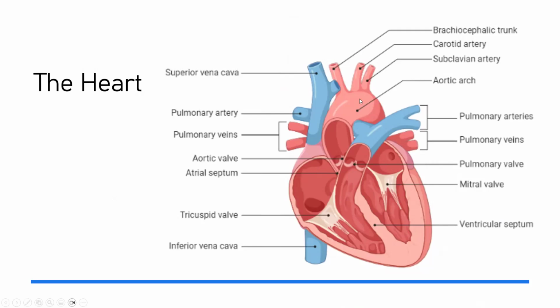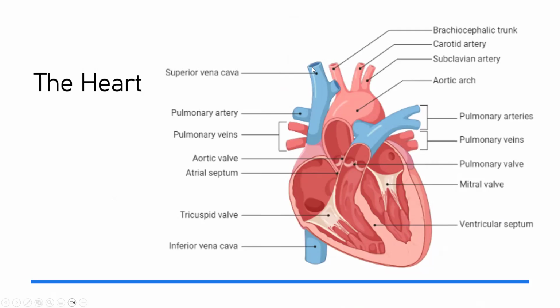This has more of an orangey pink, but anytime you see blue, it's because it is carrying deoxygenated blood, so blood with no oxygen. And anytime you see red, it's carrying oxygenated blood. It's not that our blood is actually blue inside of our bodies. It's just depicting deoxygenated versus oxygenated blood.